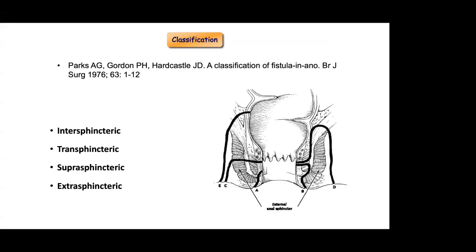In this slide, you can see the most important classification, which is the Parks classification. That is also now the most important from the clinical point of view, because we can use the Parks classification to classify and for the decision-making process of the surgical treatment.